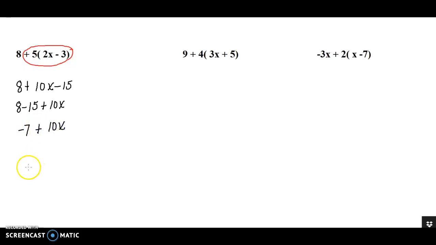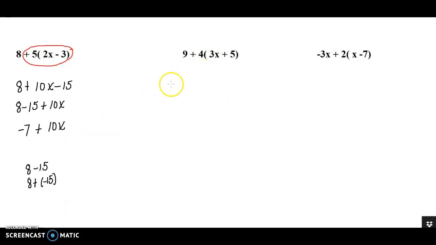And once again, how did I get that negative 7? I went 8 minus 15, which is 8 plus a negative 15. So that's how we get the negative 7.